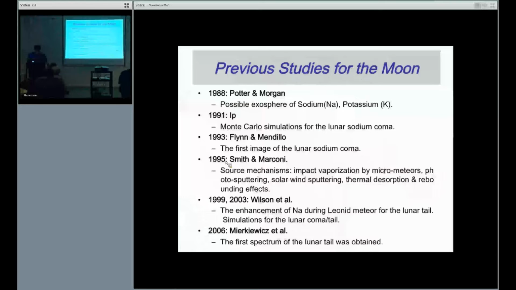After the first discovery of lunar exospheric sodium and potassium by Potter and Morgan in 1988, many theoretical and observational efforts have been made. Among them, we focus on Flynn and Mendillo's imaging data for the lunar sodium coma, and we also try to explain the first spectrum of the lunar tail observed by Mierkiewicz et al.